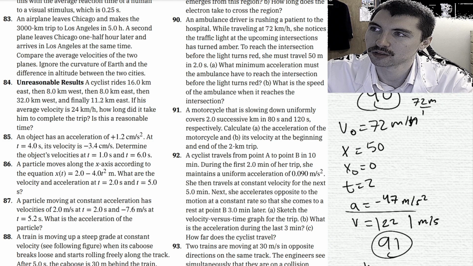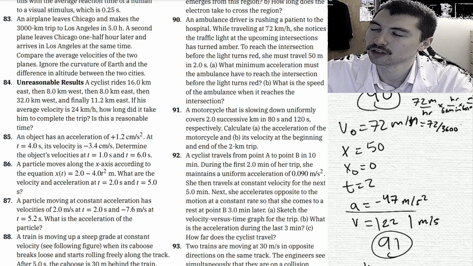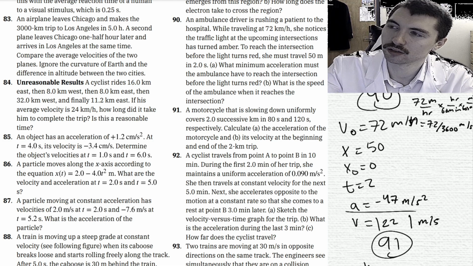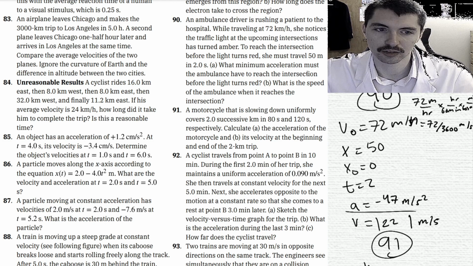To convert this to seconds, I think we take it times minutes in a second. So this should be 72 divided by 3,600 meters a second. Okay, so that might change our answer.